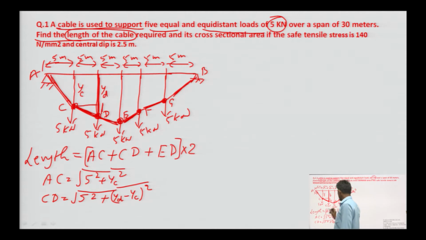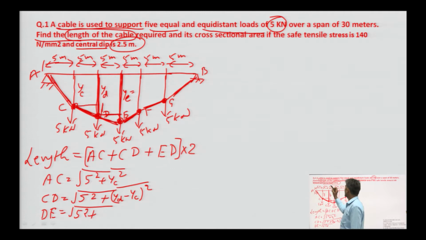Similarly, the length of DE will be under root of 5 square plus this one difference. Suppose this entire length is YE, and this value YE is given in the question. It is 2.5 meter, central dip, given as 2.5 meter.